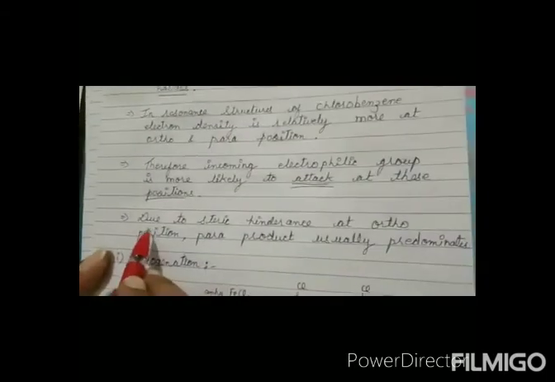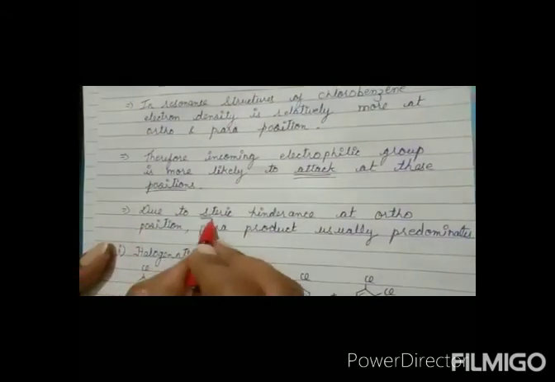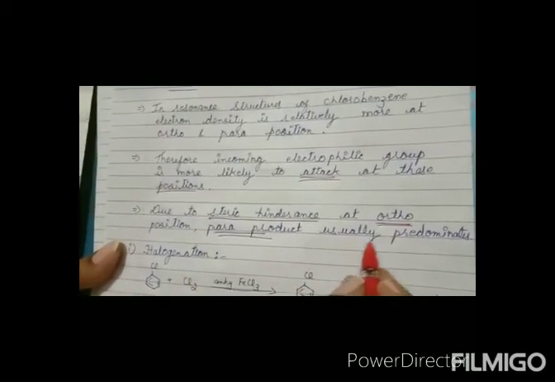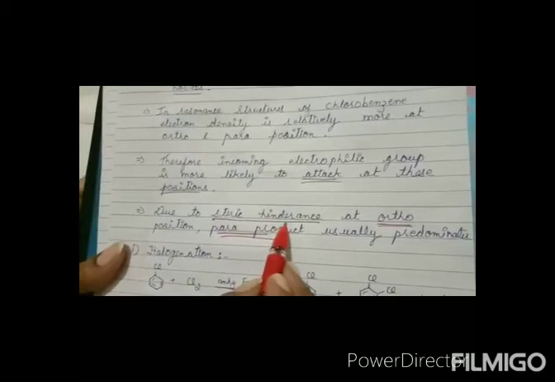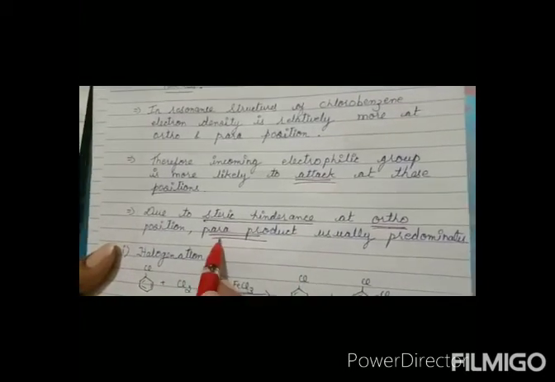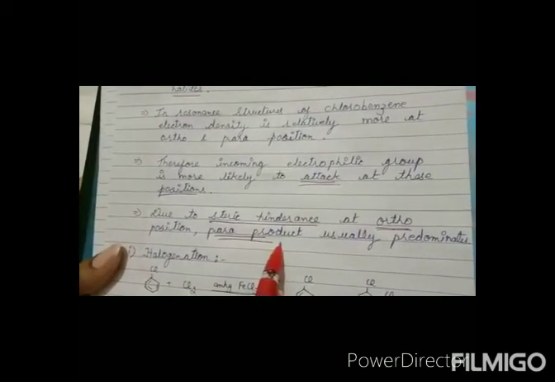Now what happens? Due to the steric hindrance at which position? At ortho position, the para product usually predominates. The steric hindrance is present at which position? At ortho position, and therefore which product predominates? It's the para product which usually predominates.